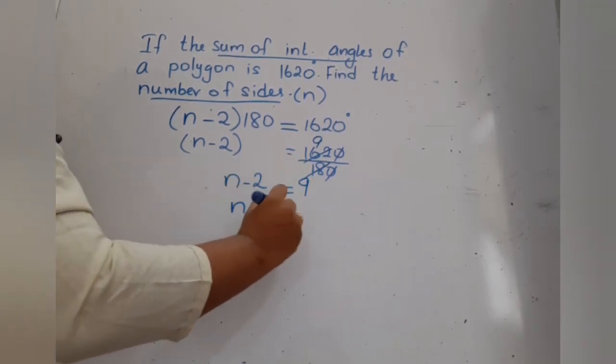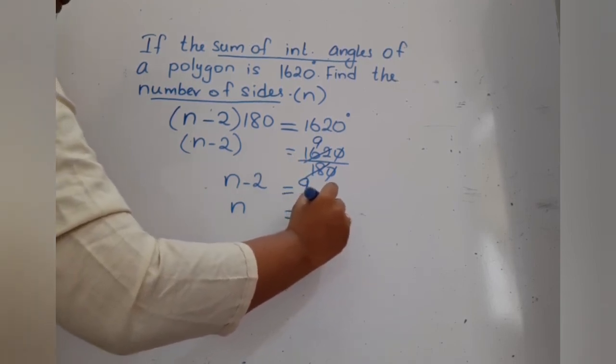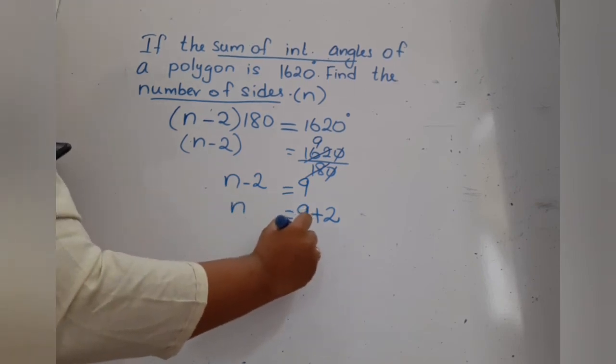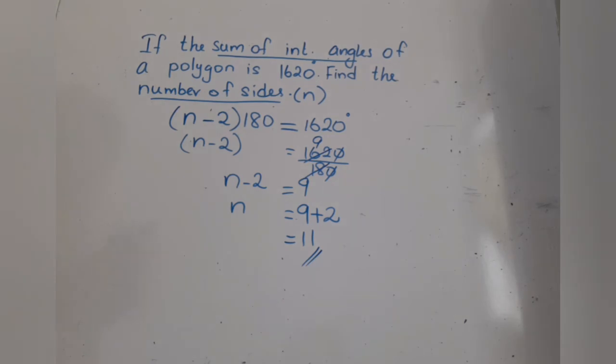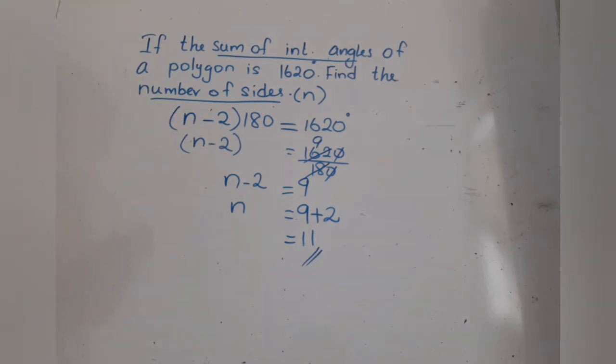So n is equal to, when you take 2 to the other side, 9 plus 2, because negative becomes positive. So this particular polygon has 11 sides. So, do you understand how they ask questions from you? They have given the sum and they are asking for the number of sides. So this is how you do it.